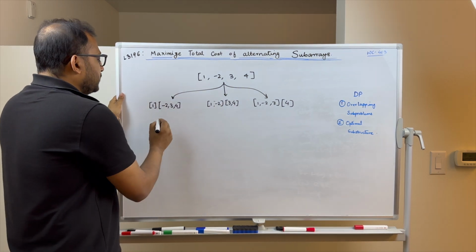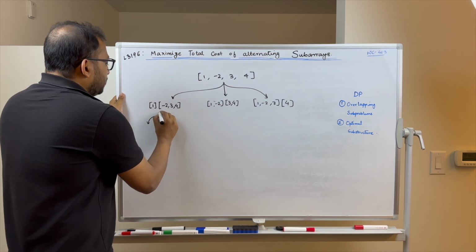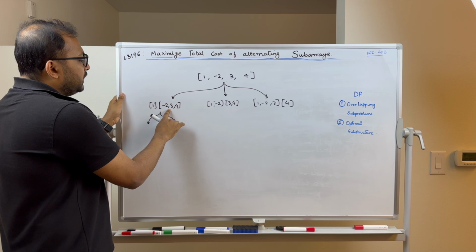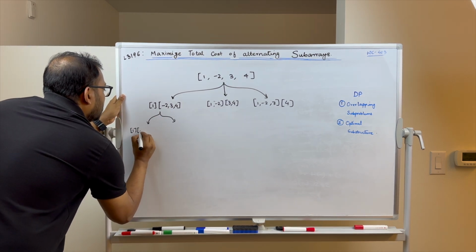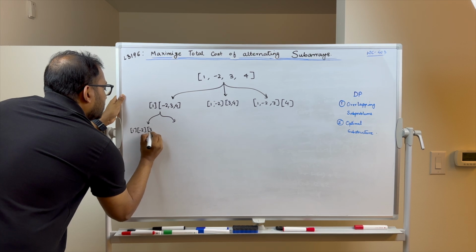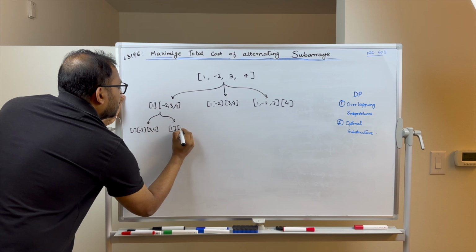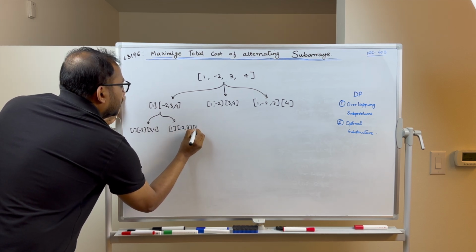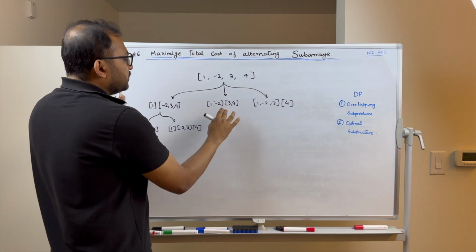These are the possible subarrays. Now let's say we perform the second split. Either we split here or here. So what are the possible outcomes? We get 1, -2, 3, 4, or we get 1, -2, 3 and 4. So we do the split here. Okay, let's do it on this one.